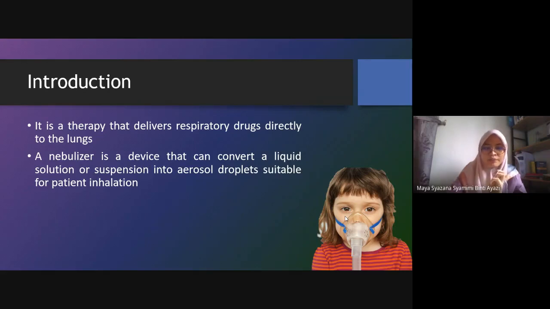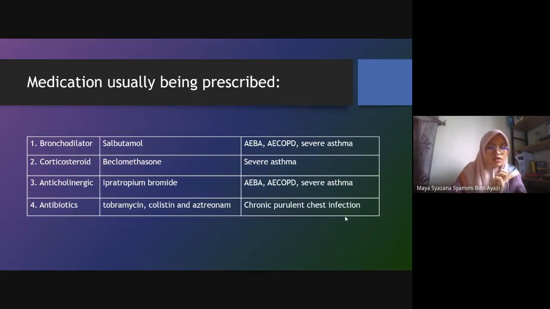patient inhalation. So next. So this is the common medications that usually being prescribed through nebulization. So such as we have bronchodilator, which is salbutamol for indications of maybe acute exacerbation bronchial asthma or AECOPD, or also for severe asthma. So we also have corticosteroid such as beclomethasone for severe asthma.